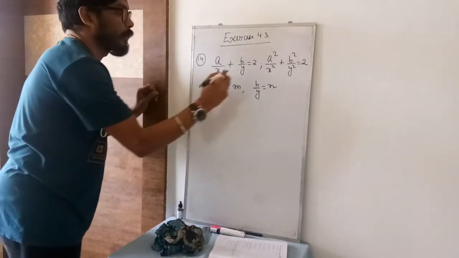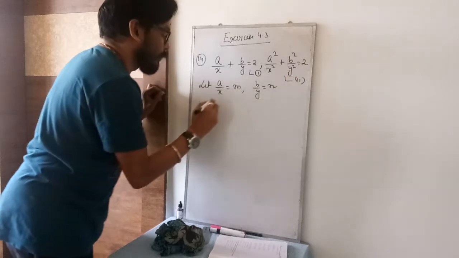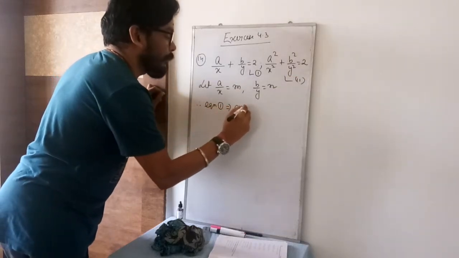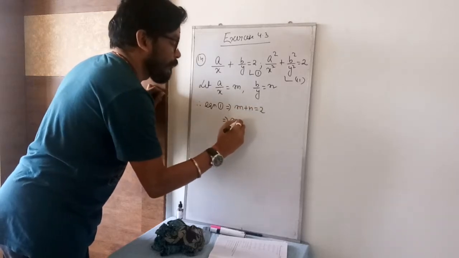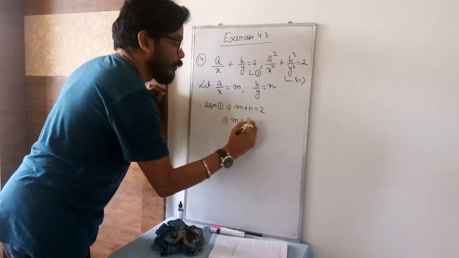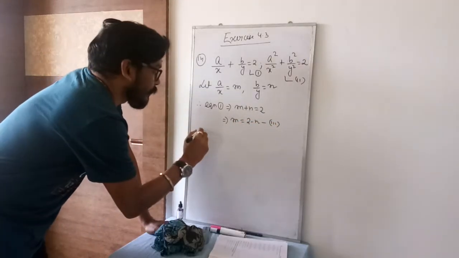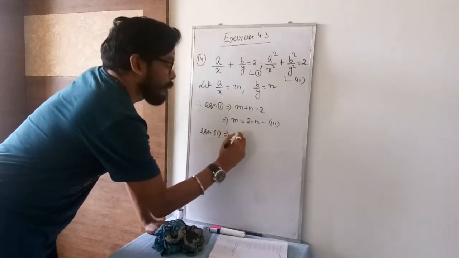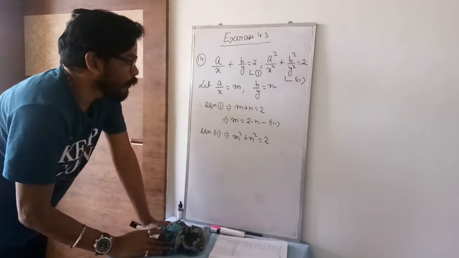So therefore, if I give this one as equation 1 and this one as equation 2, equation 1 will imply m plus n equal to 2. Here you can find the value of m equal to 2 minus n, equation 3. And equation 2 implies m square plus n square equal to 2.